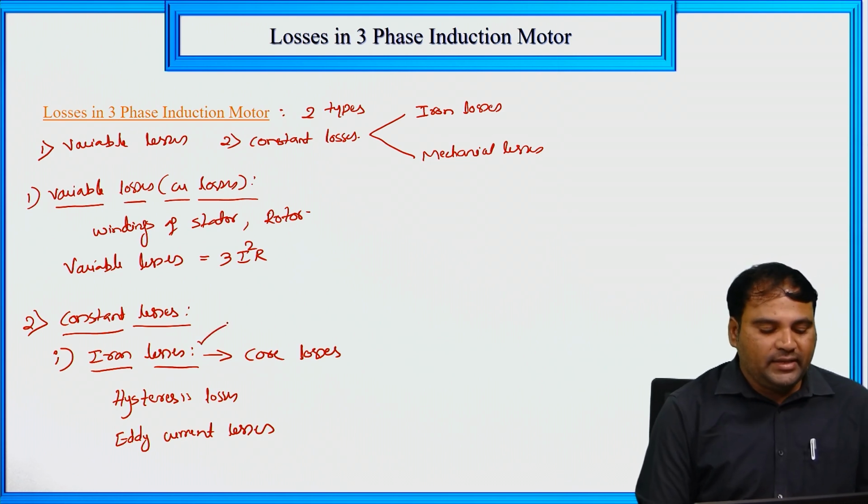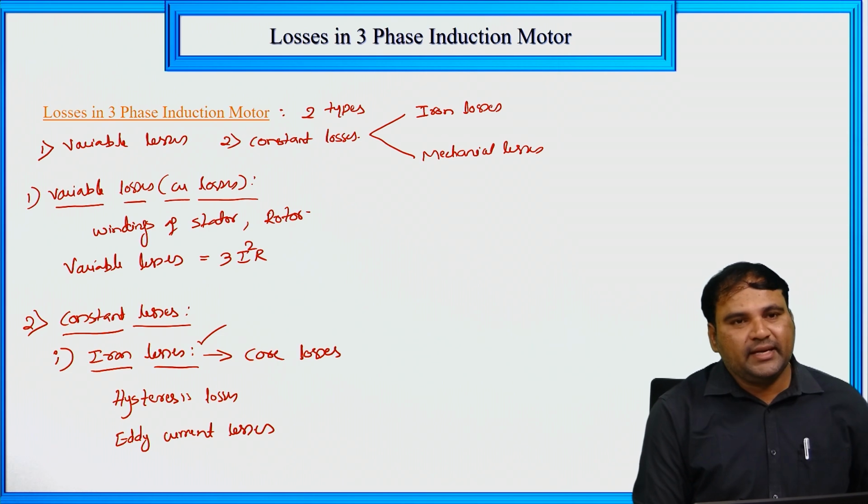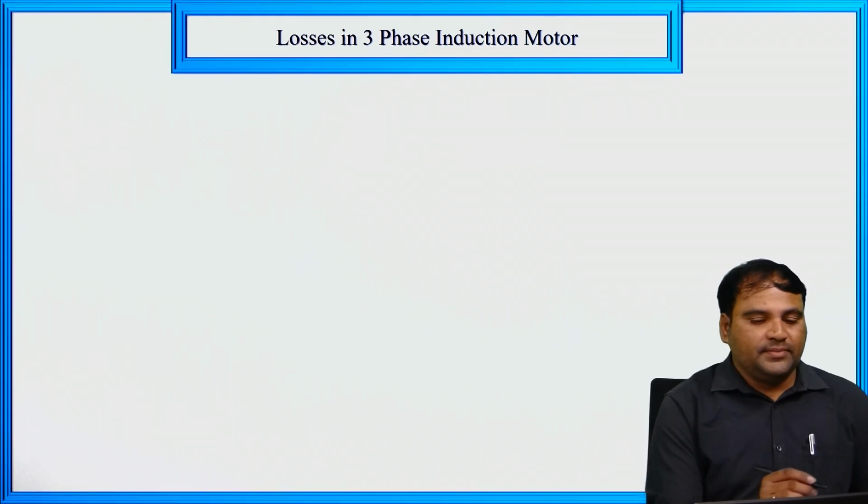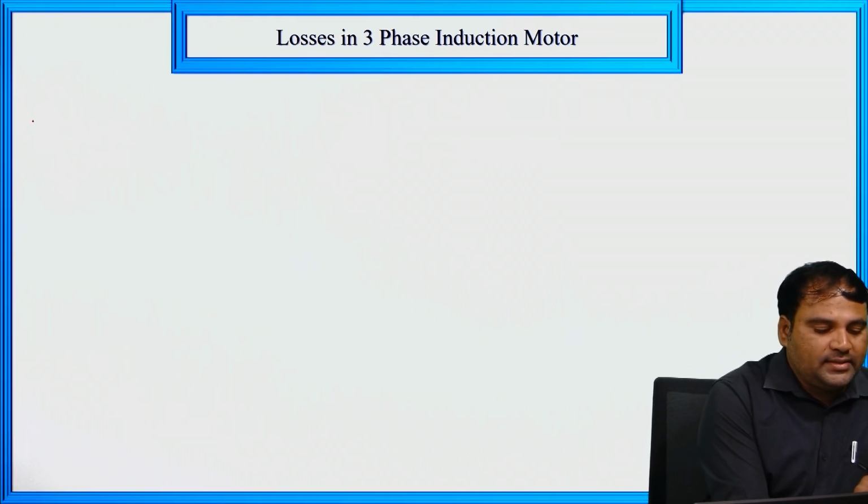The next one in constant losses, the second type, is mechanical losses.